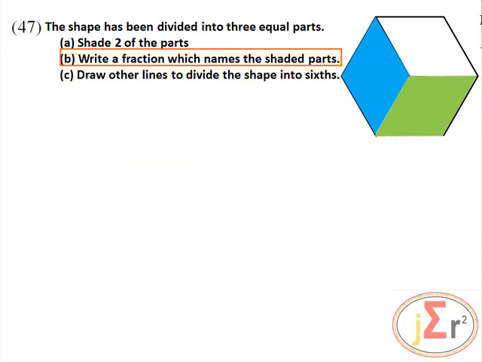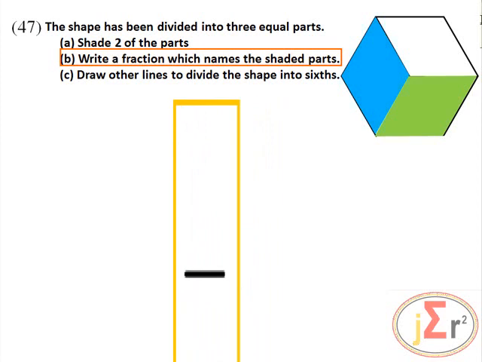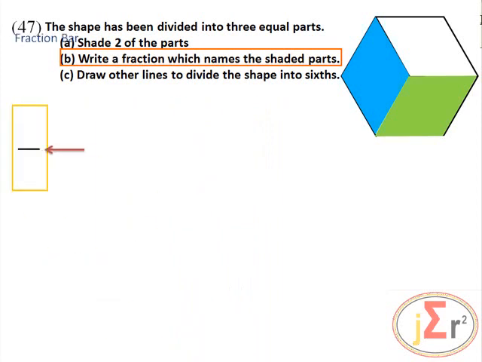Next statement of the problem. Write a fraction which names the shaded parts. What fraction do we write? 2 over 1? 3 over 2? 2 over 3.